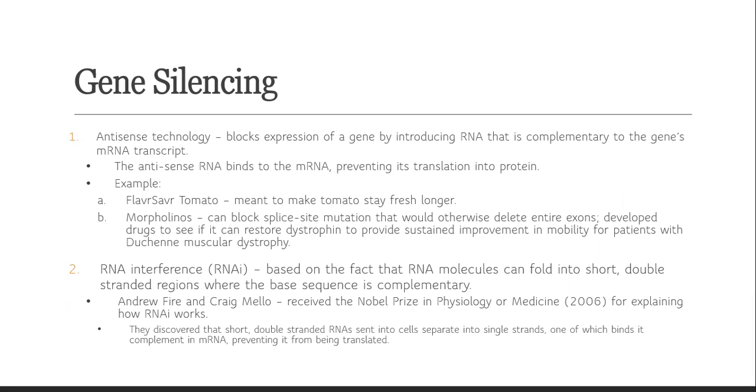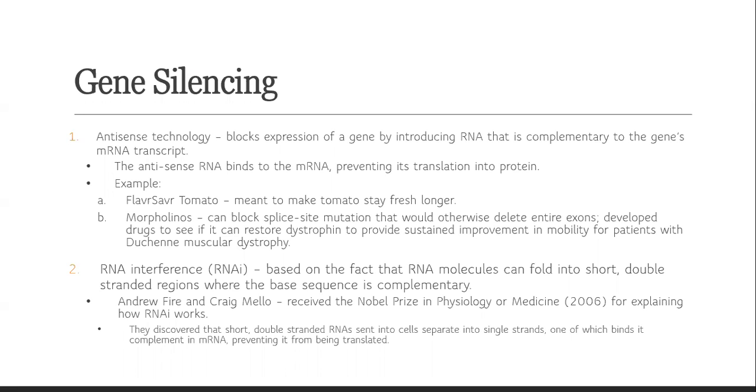And for RNA interference, it is based on the fact that RNA molecules can fold into short double-stranded regions where the base sequence is complementary. So in 2006, Andrew Fire and Craig Mello received the Nobel Prize in Physiology or Medicine for explaining how RNA interference works.